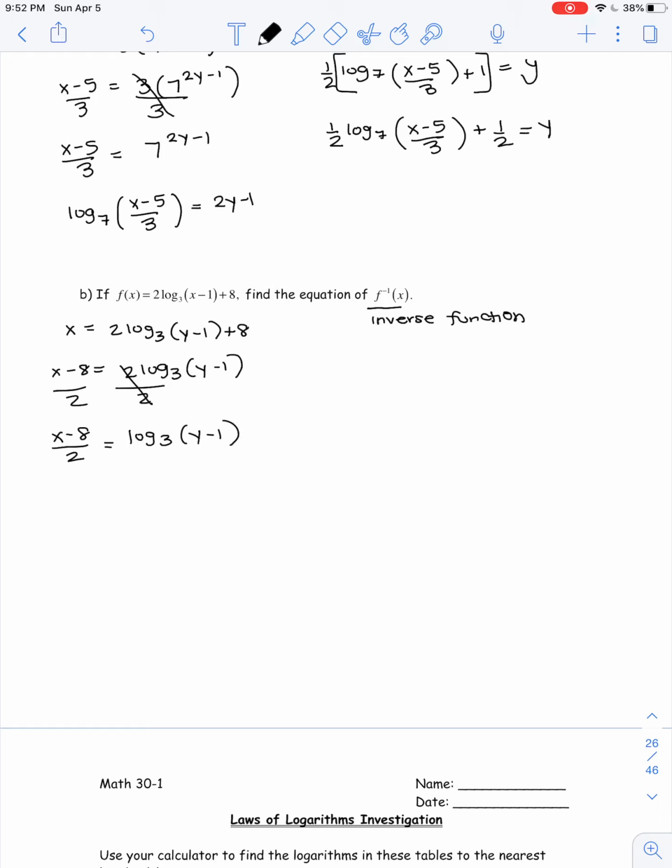Now we're going to change it to exponential form because it's already in log form. You're just trying to go to the opposite form. So it's always going to be that little number is your base. So it's going to be 3 to the power of your answer, in brackets, equals what's after your little base, which is y minus 1.